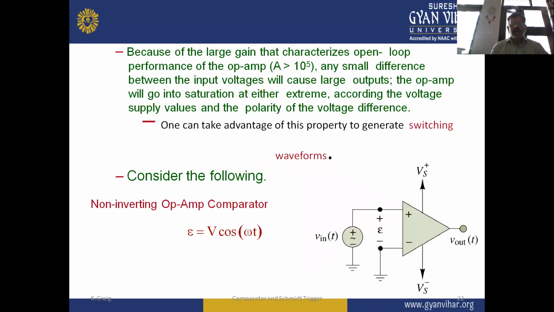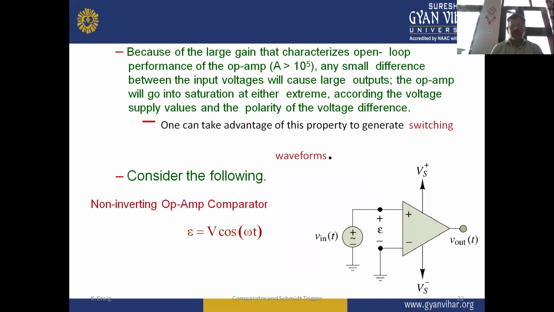Because of the large gain that characterizes the open-loop performance of the op-amp, here the gain is very large, A greater than 10 to the power 5. Any small difference between the input voltages will cause large outputs.